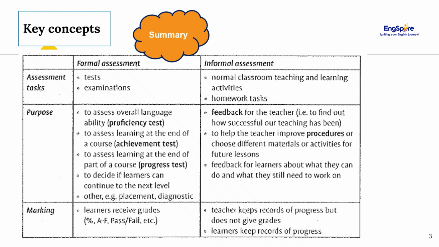The main purpose is to provide feedback. It helps teachers understand how successful their teaching has been and decide whether they need to change their materials or teaching procedures. It also gives learners information about what they can do well and what they still need to improve.